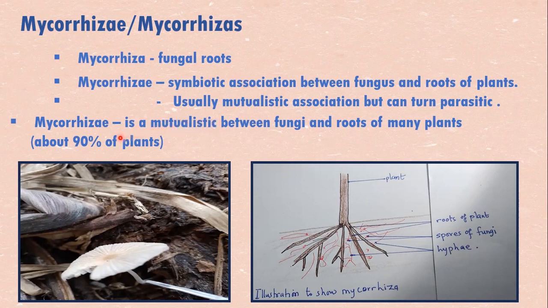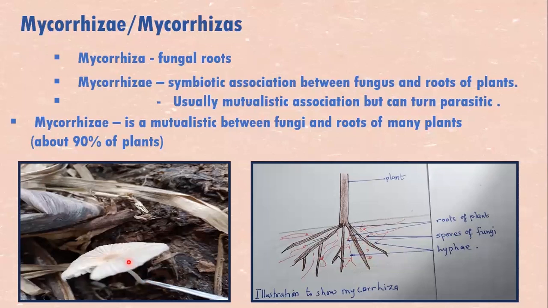About 90% of plants have fungi associated with their roots. So when you see a fungus like this, even though it is small, it has a lot of hyphae in the soil. And if a plant grows around there, the hyphae will grow around the roots of the plant. Some of the hyphae grow into the roots.